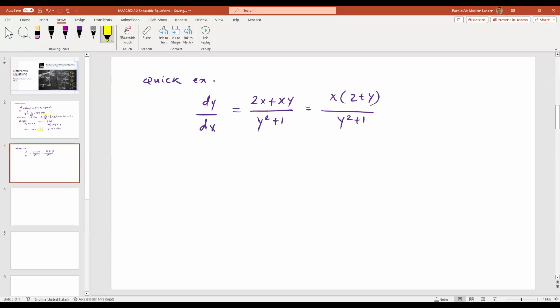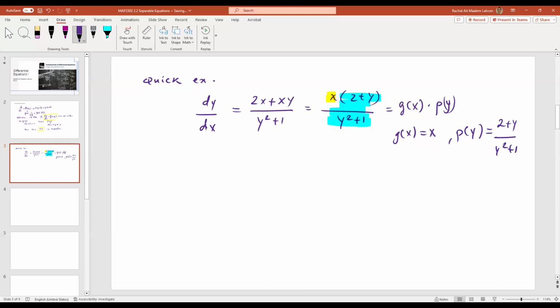So g of x is x, and p of y is 2 plus y over y squared plus 1. So for this, yes, it is separable.